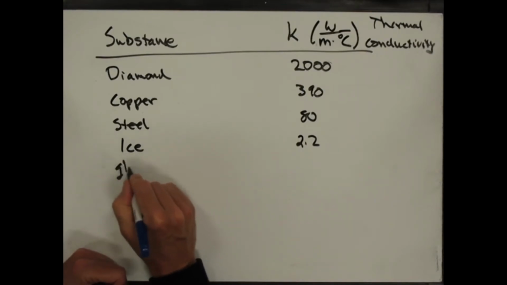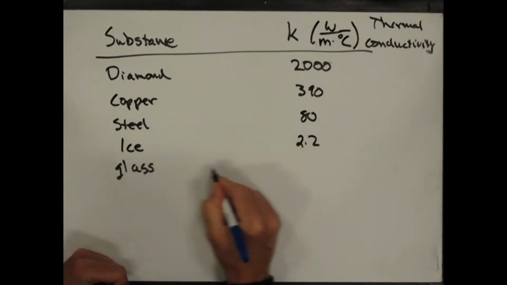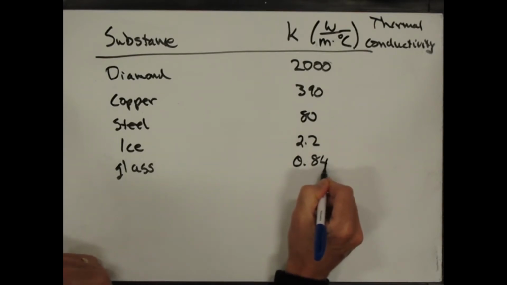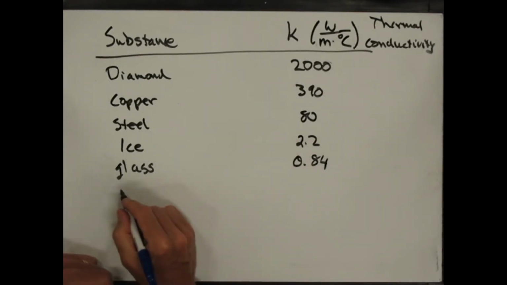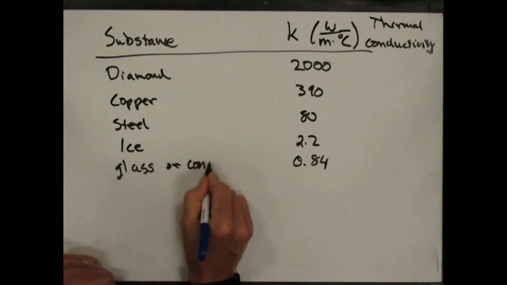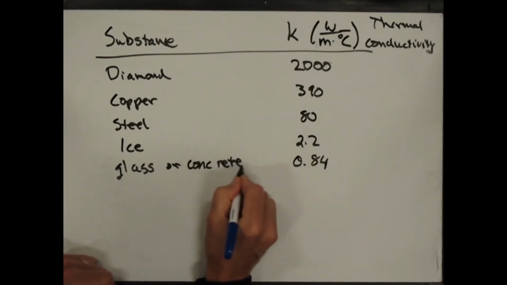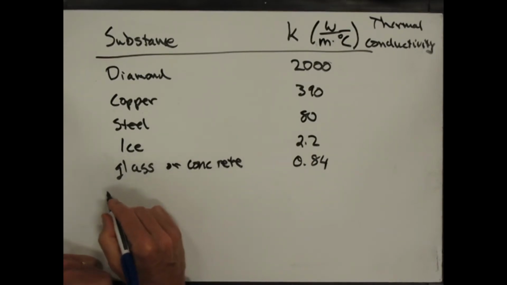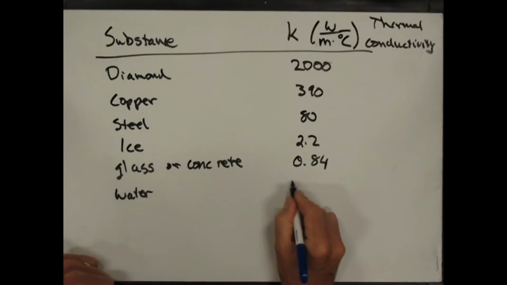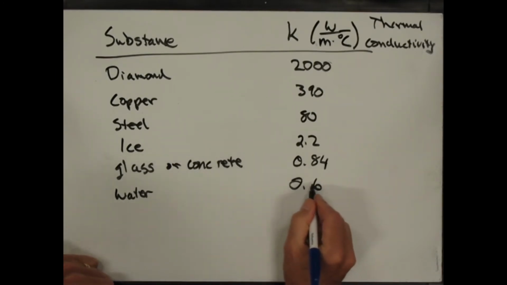Glass is 0.84. This would be concrete also, it turns out. Water, 0.6.